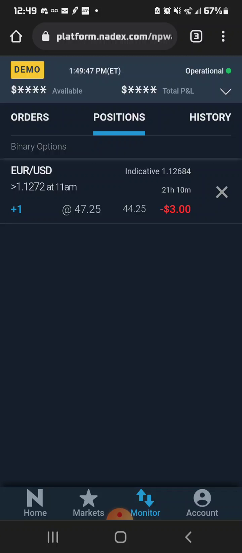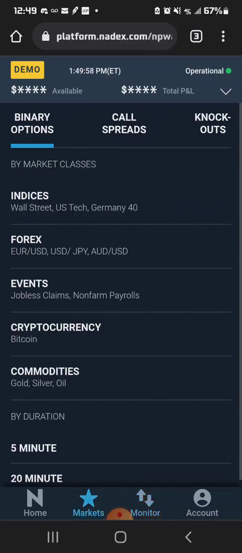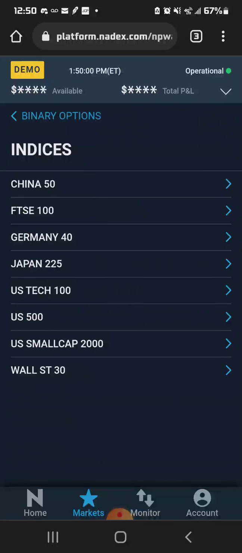Now, me personally, when I trade, this right here is gambling. I just did an arbitrary trade. I did not analyze the markets or nothing. But this is a demo account, as you can see at the top. But here's what I do. I don't trade Forex. I trade indices. And with indices, the ones I trade in particular are the Wall Street 30 and the US 500.